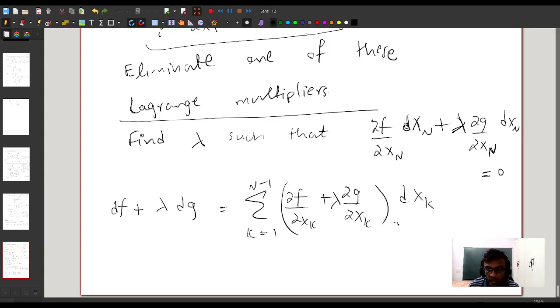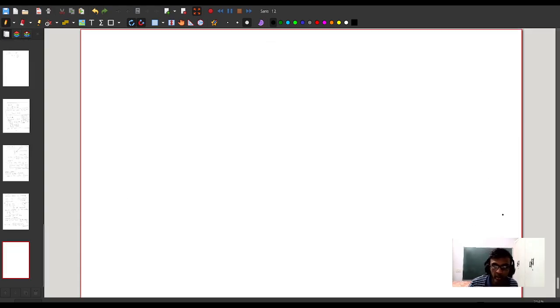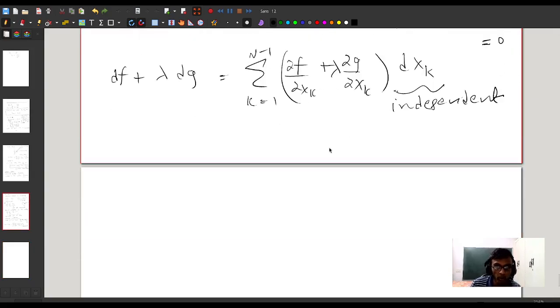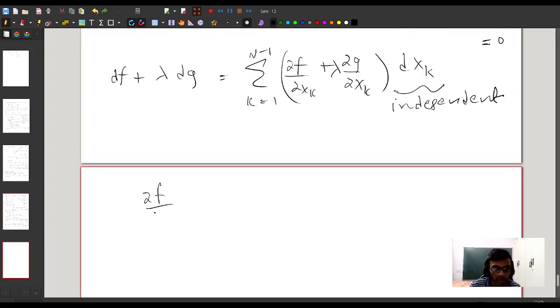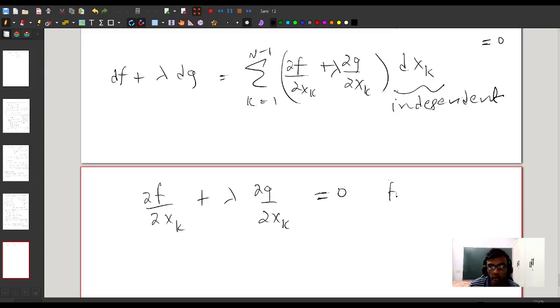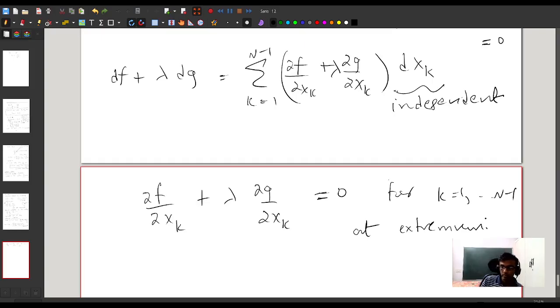Now all these variations are independent, and that means we can set each of these coefficients to 0. So ∂f/∂xk plus lambda ∂g/∂xk is 0 for k equal to 1 to n minus 1 at a stationary point, an extremum or any stationary point in general.